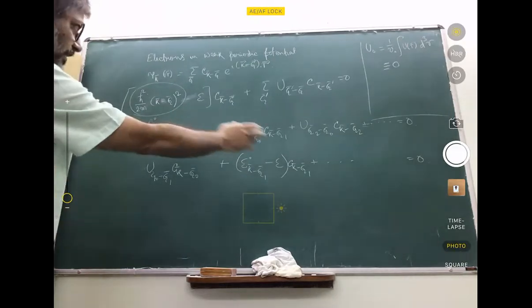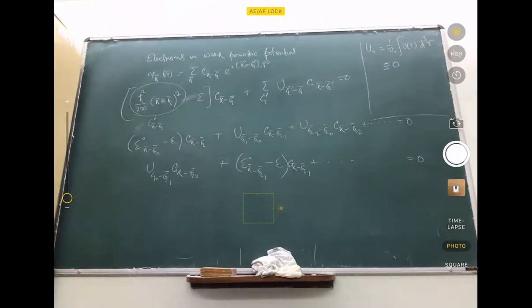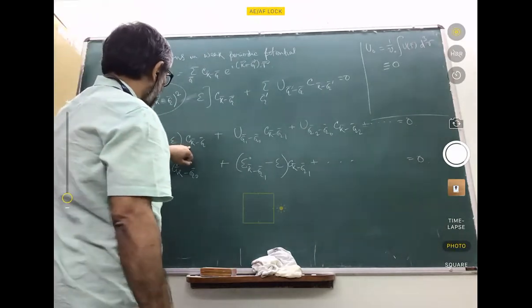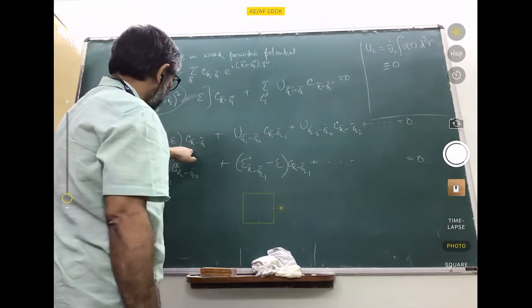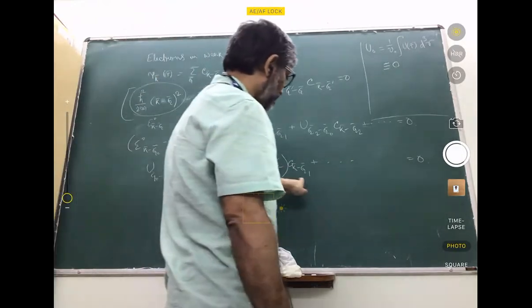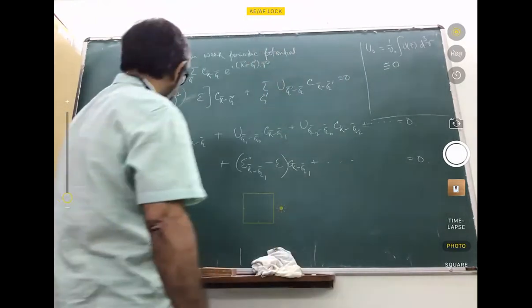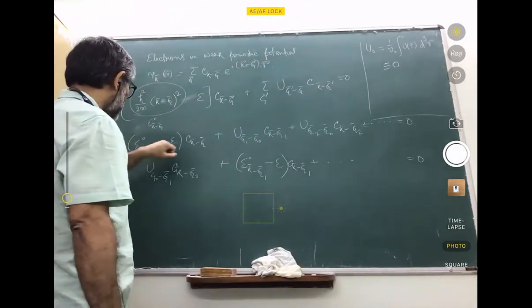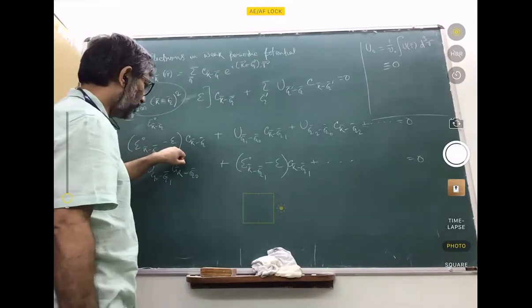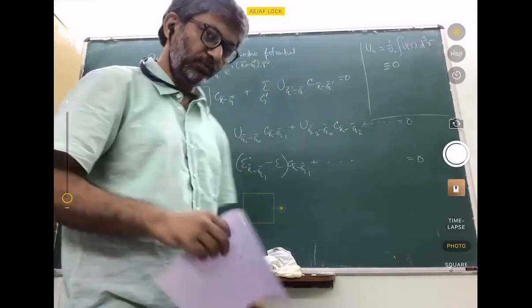So these are the set of equations that you have, and for each k, you have these coefficients c_{k-G}, c_{k-G1}, c_{k-G2}, and so on, and the corresponding energies for k minus G, k minus G1, and so on.